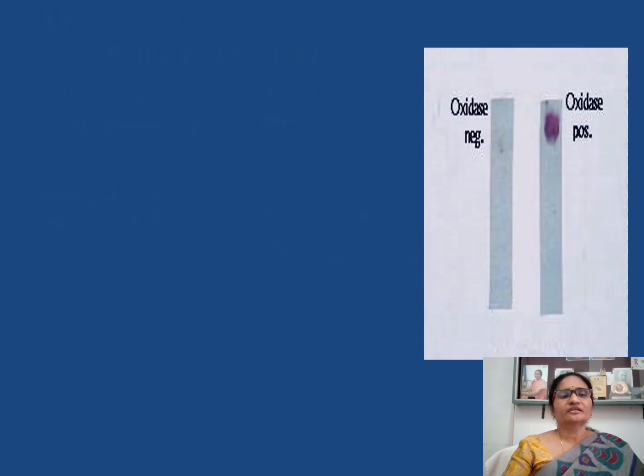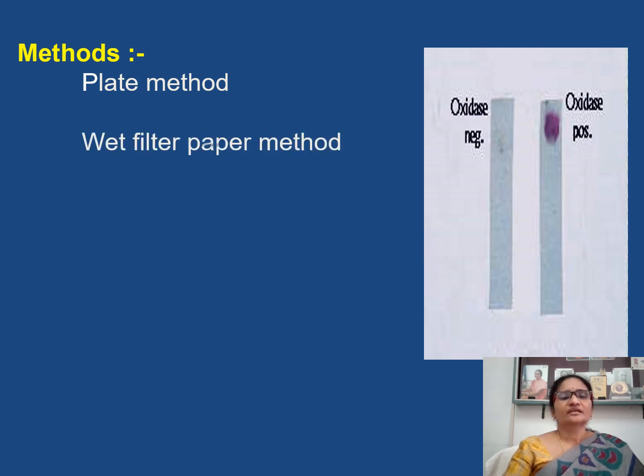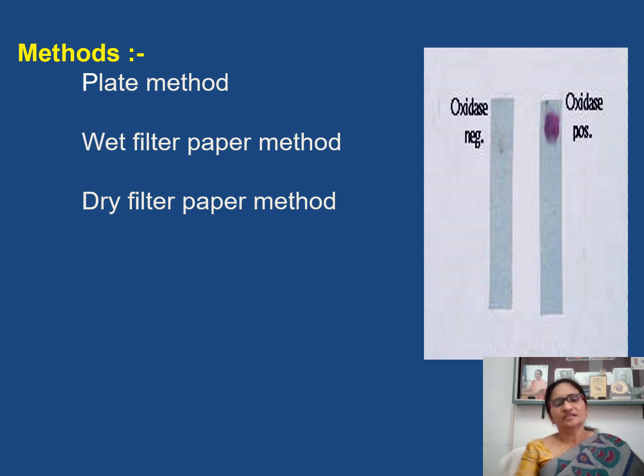Once you prepare the solution, how to perform the oxidase test? Here you are observing two sterile filter paper strips, and you have to dip the strips in the solution. First we prepare the solution and keep it ready. Three methods are there.